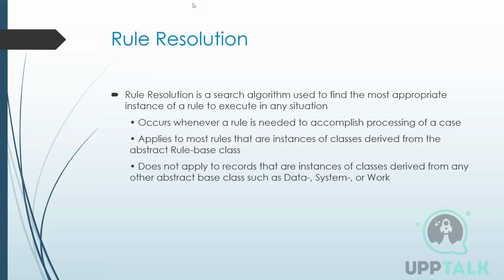So rule resolution is like a search algorithm to find the appropriate rule for the given context. So this happens each time you execute your application. I mean, each time you run a business transaction, each time you run a case type, this rule resolution algorithm tries to find out the most appropriate rule for the given context.